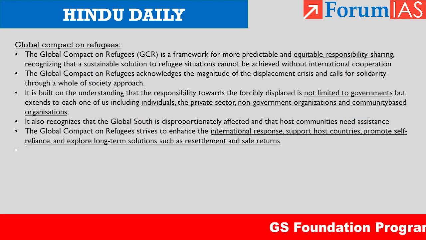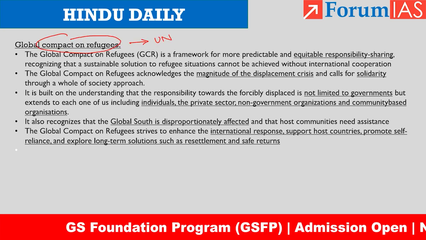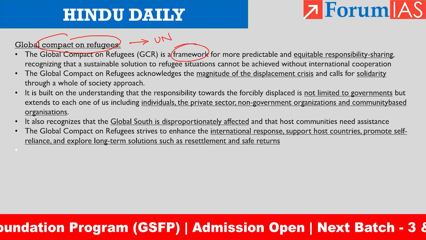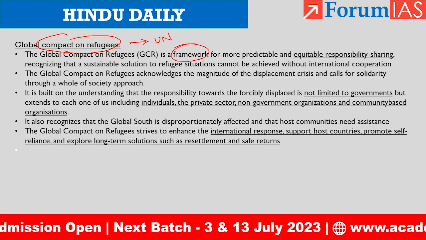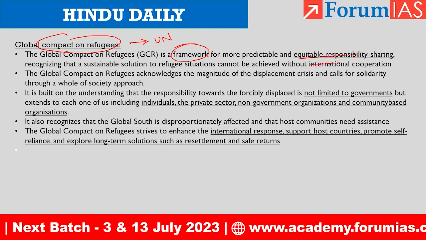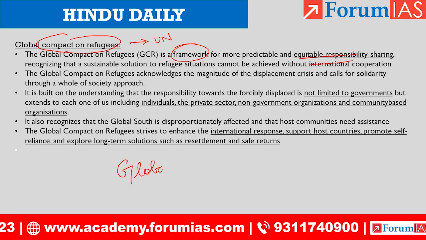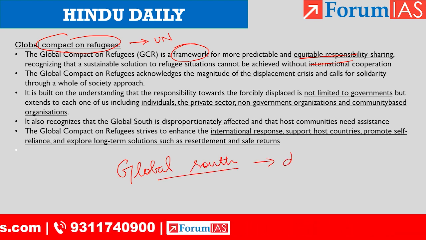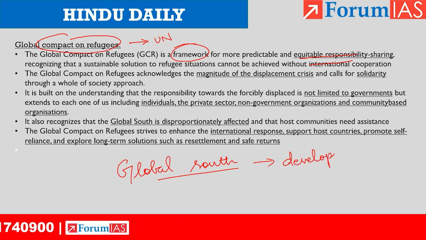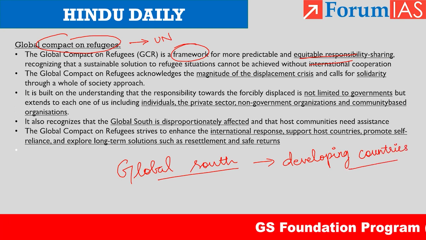So in this context, we have the Global Compact on Refugees, which is backed by the UN. It is basically a framework to deal with the refugee problem, and it calls for equitable responsibility sharing, because the Global South, that is the developing countries, are the maximum holders of refugees.